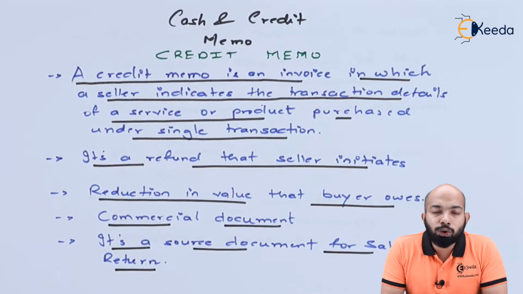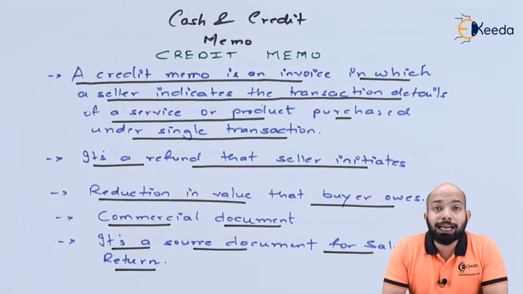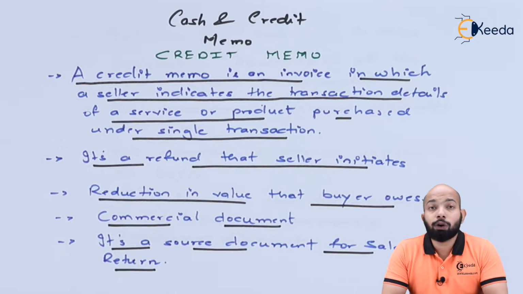It says it's a source document for sales return. Of course, as we discussed earlier, this is completely related to sales return. All the defective goods being sent back to us, or all the defective services being asked for a refund, this specific credit note will act as a source document stating that we have given a refund to the customer and we have a copy of it.